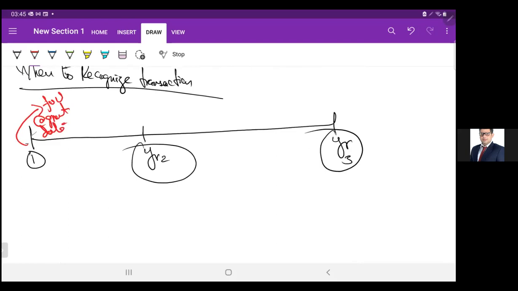And in this period, you will calculate the actual charge based on the number that vest.